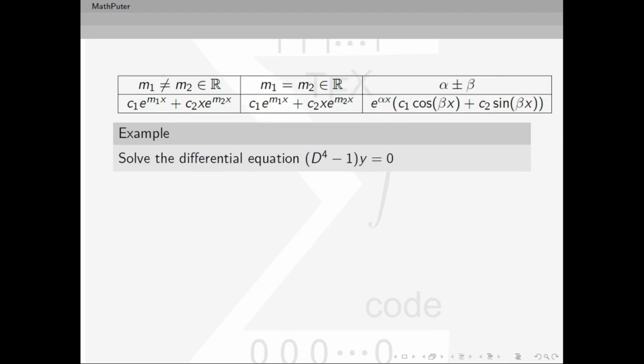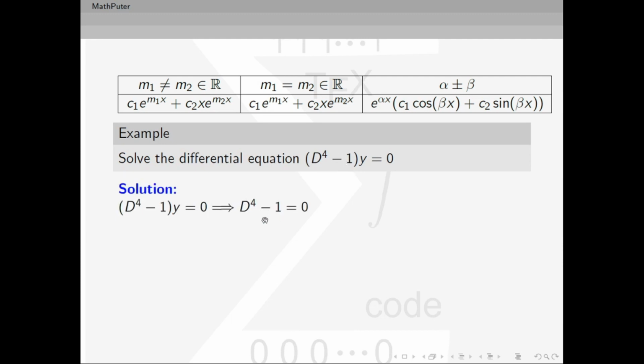The next example, the differential equation D raised to 4 minus 1 into y equal to 0. So here we have been given the differential equation in terms of D itself, which makes our task very easy. The auxiliary equation is this, D raised to 4 minus 1 equal to 0.